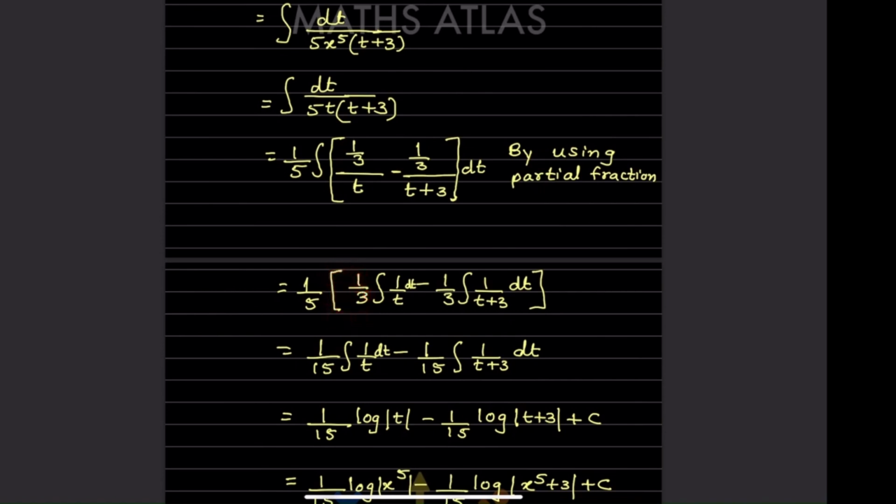I have put a square bracket over here. So what remains inside is 1 by t dt, and this minus, again what remains inside is 1 divided by t plus 3 dt.